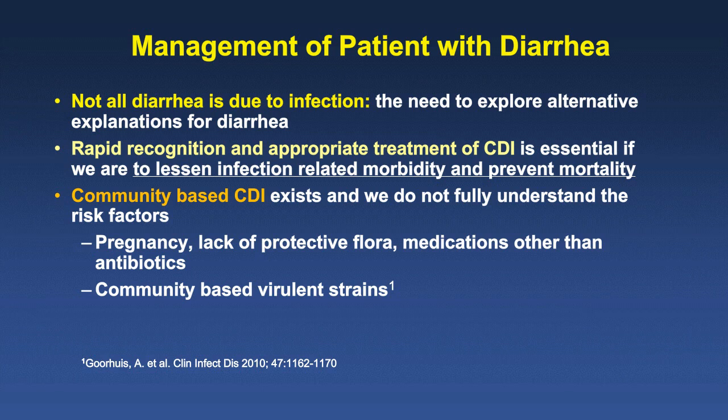And so we do need to appreciate the important issue of rapid recognition and the appropriateness of empiric therapy in this patient population. And then community-based CDI is an area, I think, of increasing challenge. We are seeing patients that would be considered historically to be low risk presenting with CDI. And so that requires a different algorithmic approach, and maybe a concern about best practice in patients coming from the community versus the development of diarrhea in patients that are in hospital.